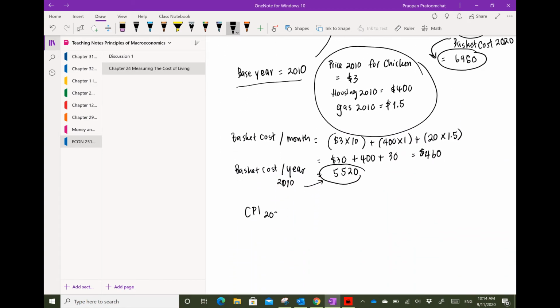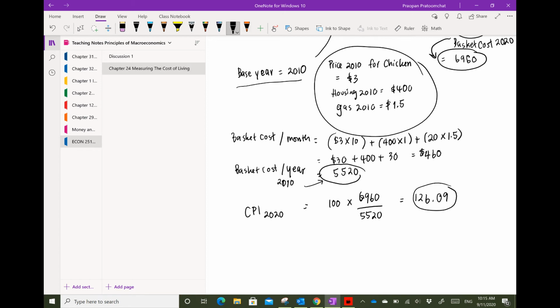CPI in 2020 from this information is 6960 over 5520 times 100, right? 6960 divided by 5520. Okay. Times 100. We have 126.09.